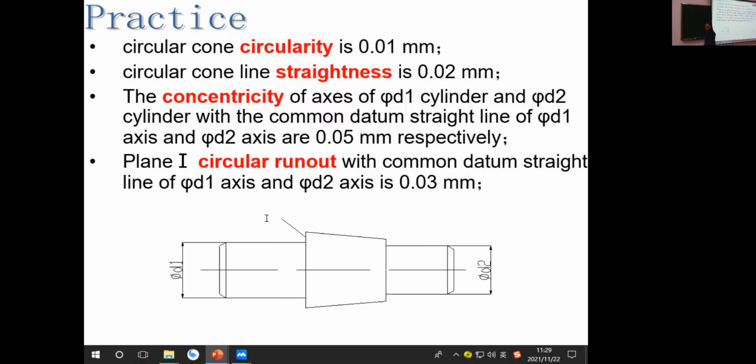Go back. The circular form is here. This is the circular form. Okay, so this is the circularity. And the circular cone line straightness means this line is the straight line. This is the straightness and this is the circularity.